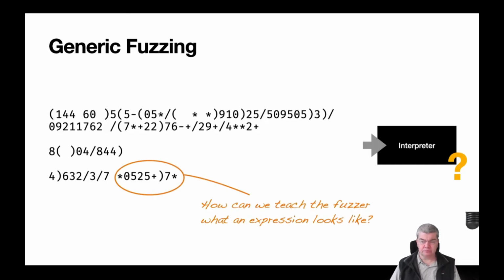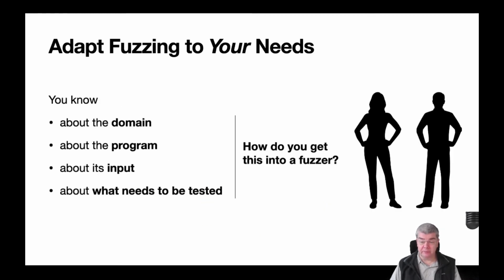In order to get there, in order to teach the fuzzer what a valid input looks like, well, we need a bit of help. And this help comes in the form of so-called language-based fuzzing. And the language-based fuzzer allows you to actually specify the language in question. The language meaning here the set of inputs that is valid.